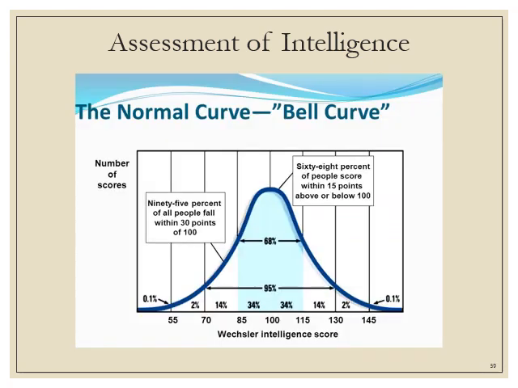This is just another depiction of the normative curve, the bell curve, with some text boxes that I thought were useful. So 95% of people fall within 30 points of 100. The vast majority of the population falls between 70 and 130 on an IQ score.